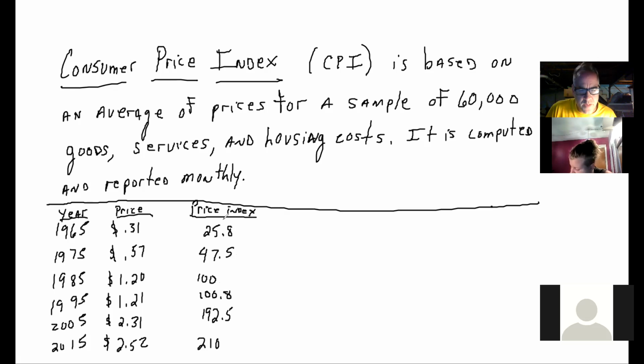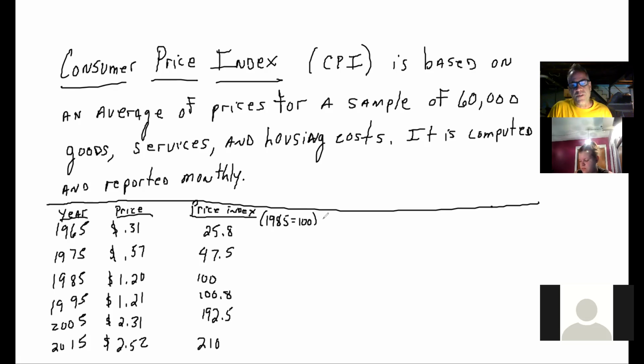Now, I've run out a little bit of room here, so on the table itself, it actually has it right below this. In parentheses, it has 1985 equals 100. And that's really what I wanted.